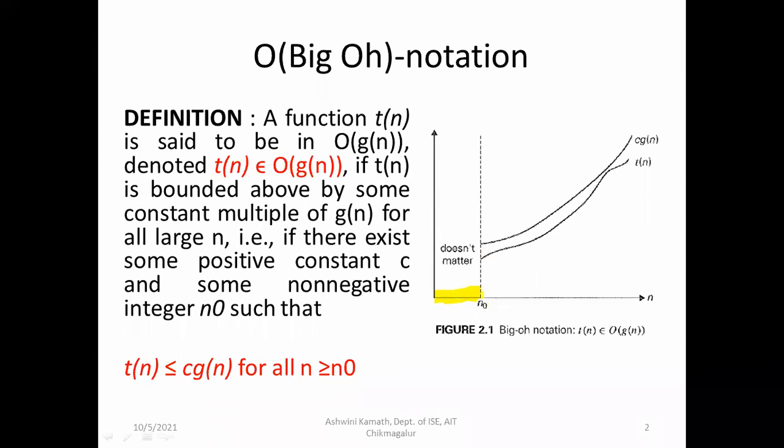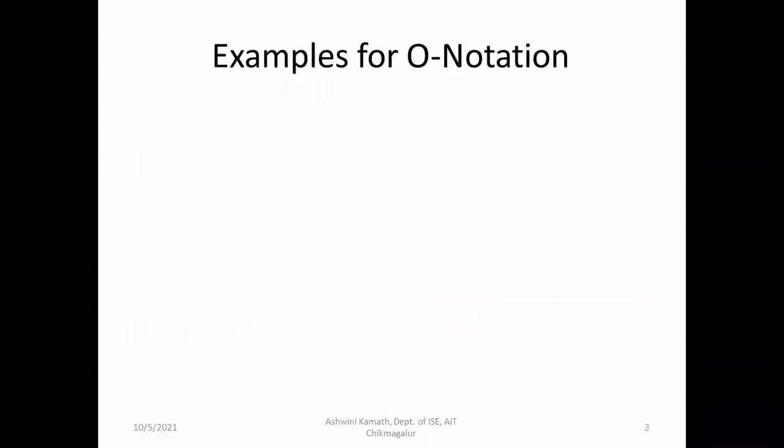But once we cross the value of n naught, t of n must have a slower order of growth when compared to g of n. t of n must be lesser than g of n.